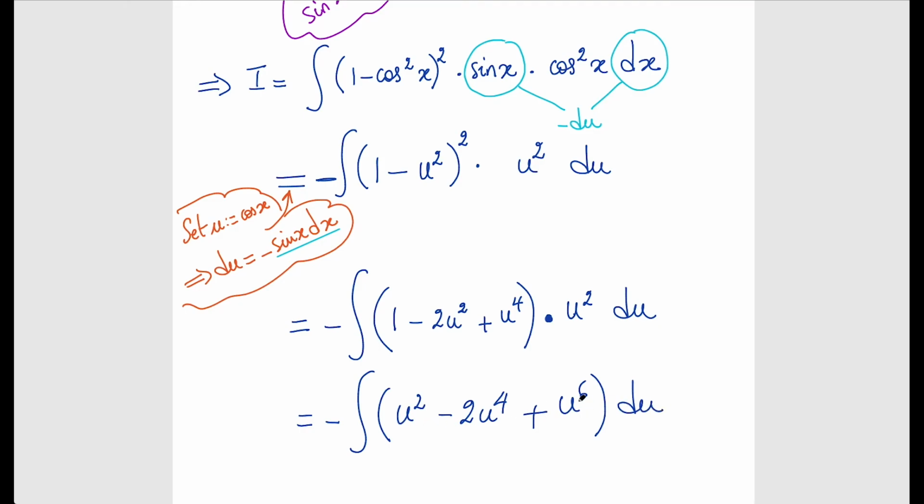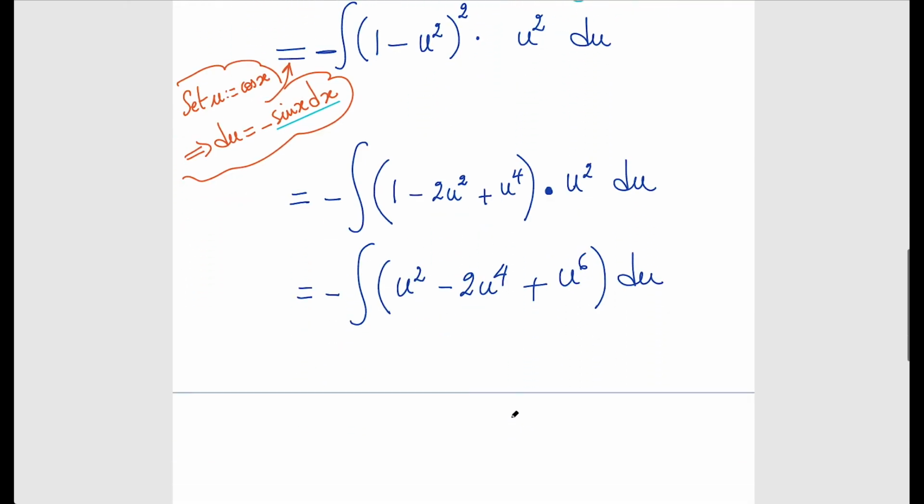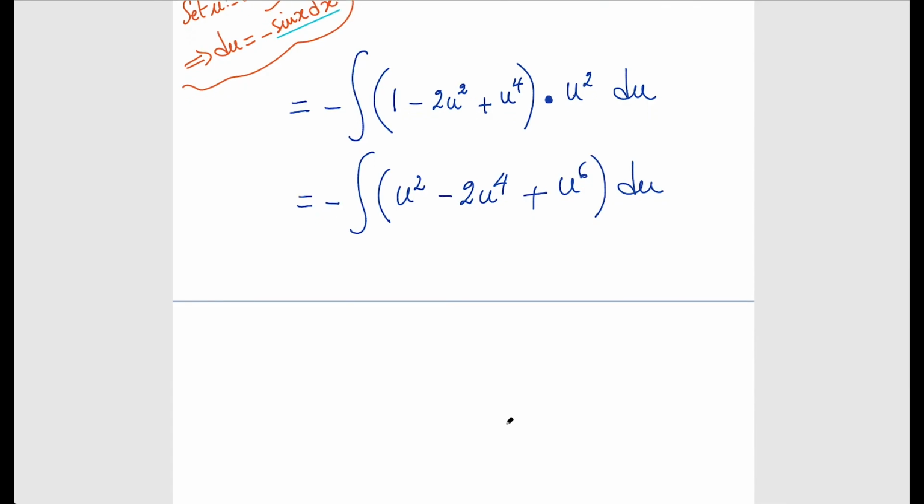Okay, so that's the polynomial I was alluding to earlier. And now it's a simple integration. This is minus u cubed over 3 plus, because minus times the minus is plus, 2 over 5 u to power 5, minus times plus is minus, u to power 7 over 7, right?